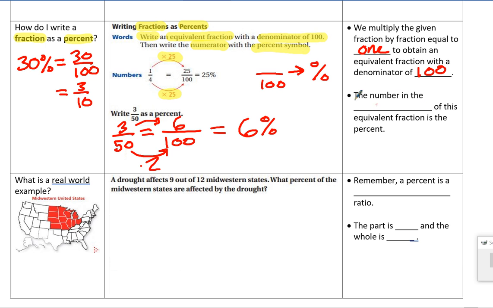And the number in the what part of this equivalent fraction is the percent? It's the numerator. The numerator becomes that percent, which it did. 6 became 6%. But it's not always that easy.